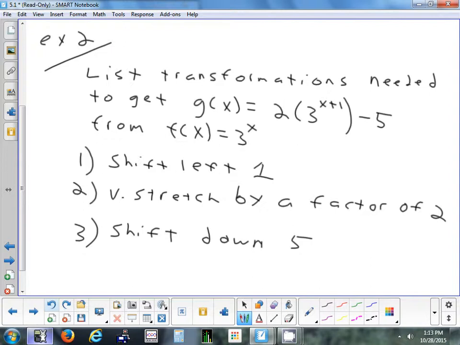Plus shifts left, minus shifts right. A bigger number actually compresses this. A smaller number, like if I put in a 1/4 in front of the x, makes it bigger. So inside the parentheses, all the horizontal stretching and shifting is the opposite of what you would think.